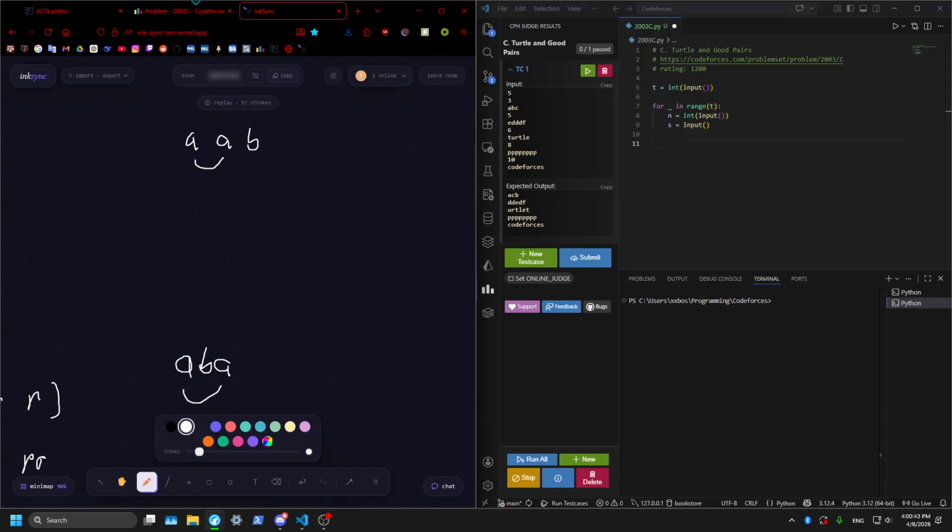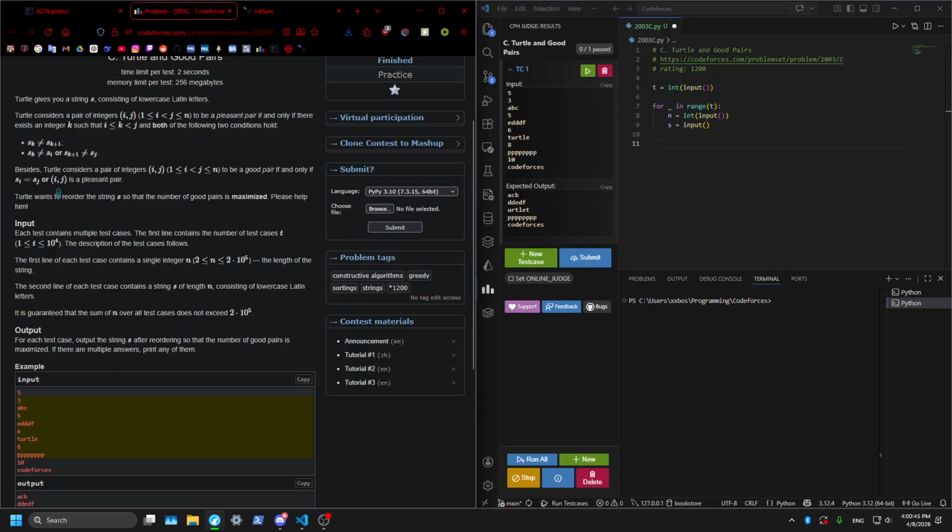Now let's look at AB. Is AB a good pair? No, AB is not a good pair simply because, well, this condition's true, right?